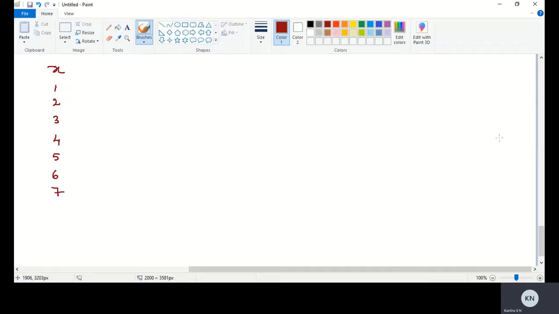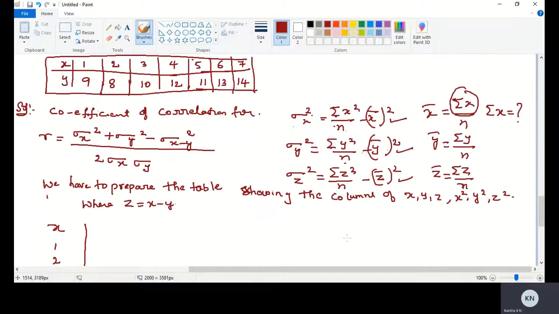We have to add all the x terms: 1 plus 2 plus 3 plus 4 plus 5 plus 6 plus 7. Summation of x is equal to 28. Okay, x bar we need to find.